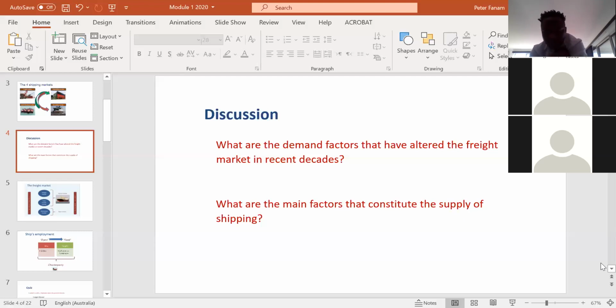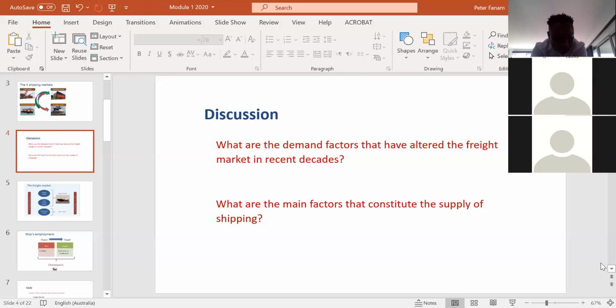I was with John and Tristan and Oscar. For question one, we had a broader view and said that globalization has been one of the biggest changing factors in the shipping market.